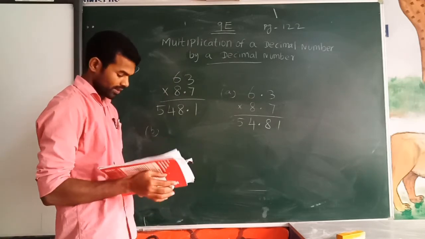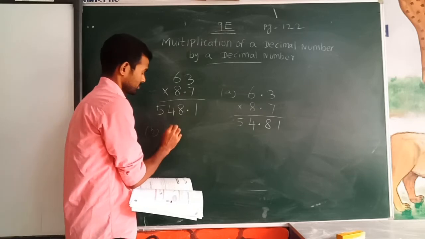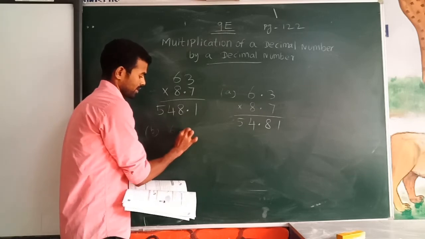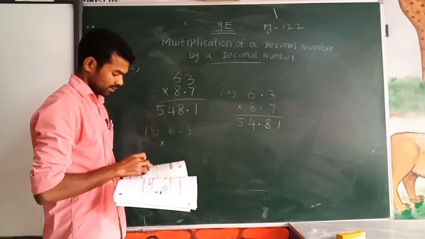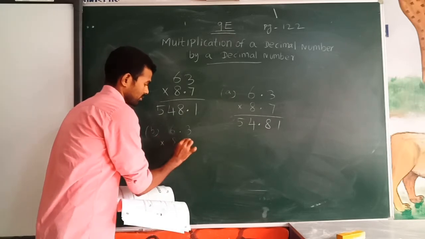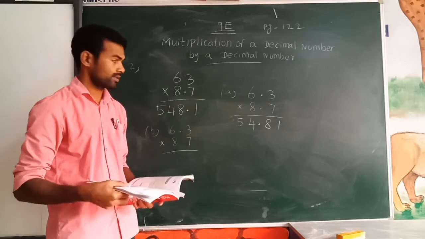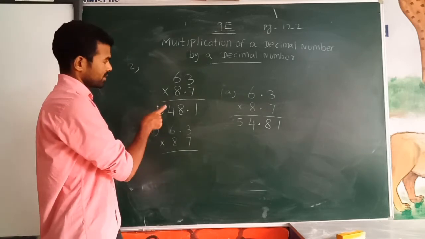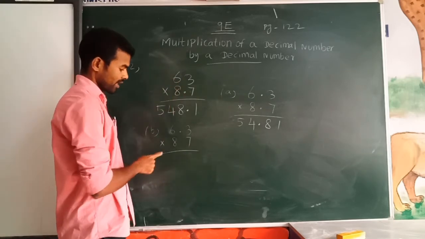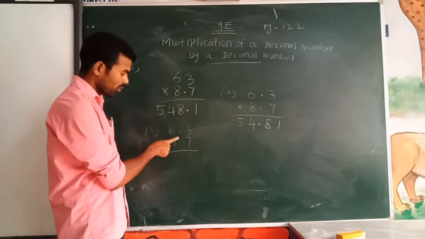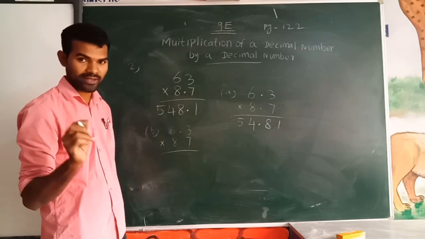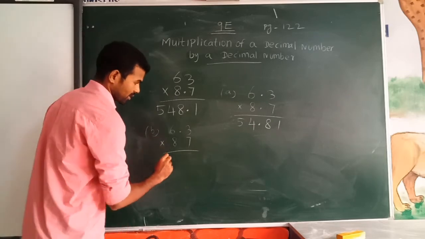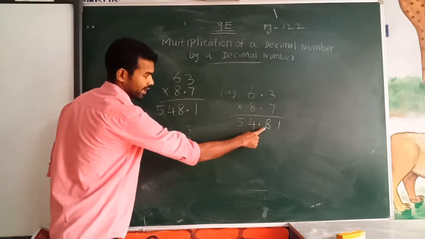Then see B. 6.3 multiplied by 87. Again see the same numbers only. 6.3 and 87. So how many decimal places here? Only one decimal place. So the answer will be the same number: 5, 4, 8.